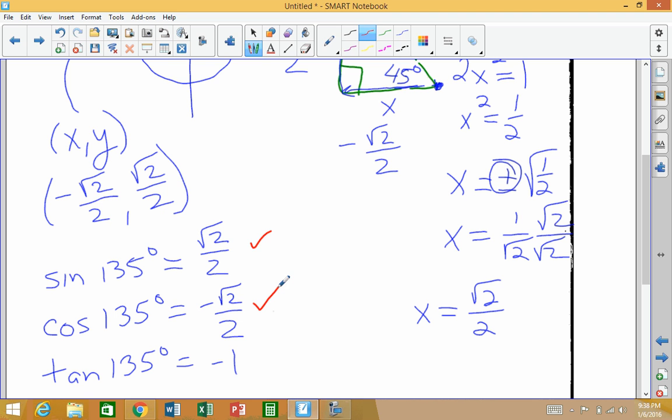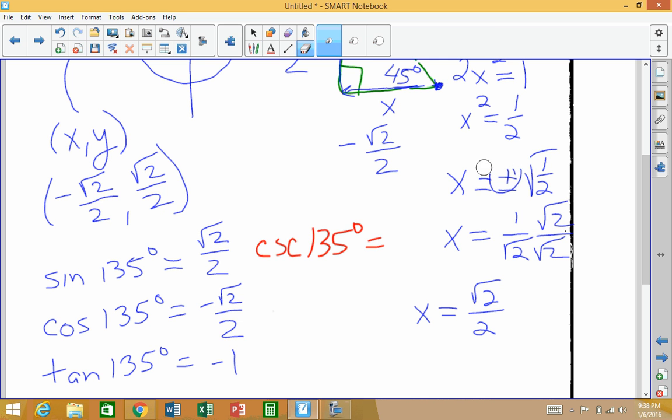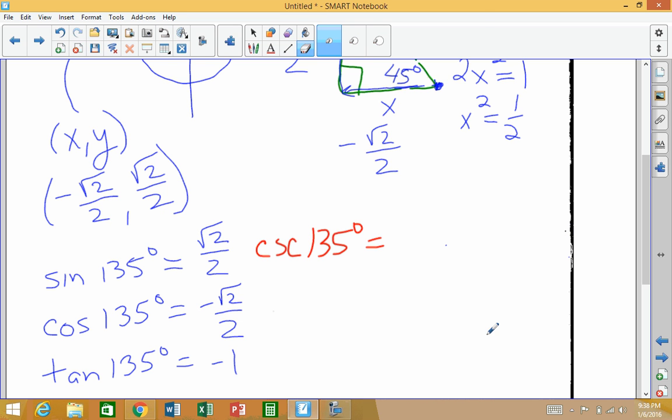Okay, let's go ahead and put in the reciprocal functions now. So the reciprocal of sine is cosecant of 135 degrees. I'm just going to make some room over here. Okay, so the cosecant of 135, actually, let me switch that to blue.